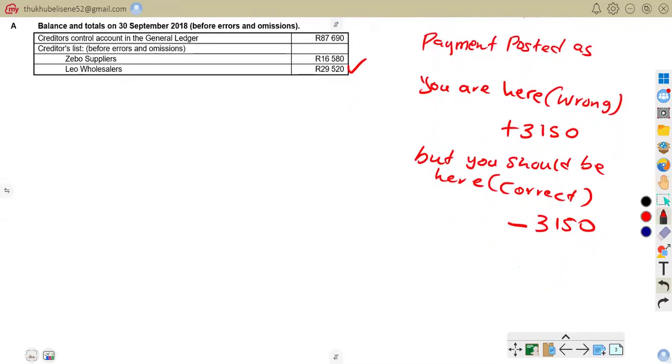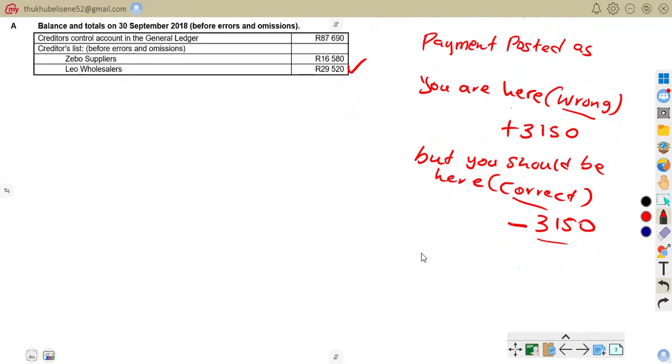So what must we do? You are at the wrong place now with the increase of creditors, while you are supposed to decrease the creditors. You are supposed to be here where you decrease the creditors, which is correct.